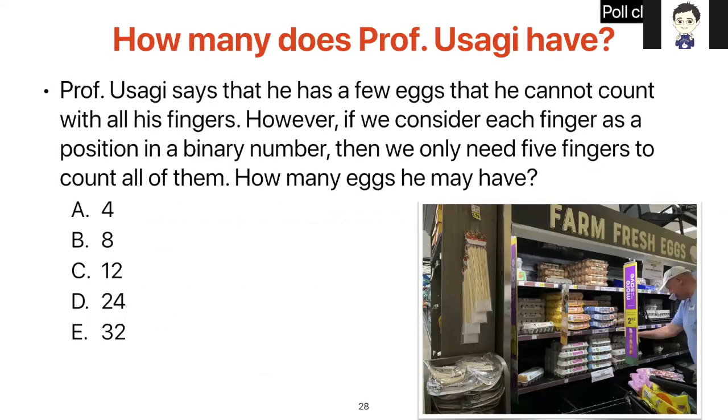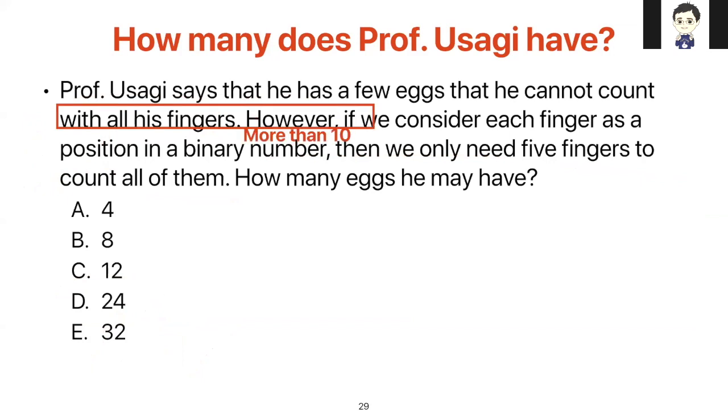Finally, I found a farm to give me the eggs I need. So right now I'm asking you this question: how many eggs do I have now? Okay. Some of you already got it, right? If we cannot count with all our fingers, it's more than 10, right?